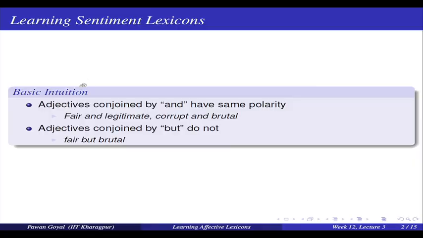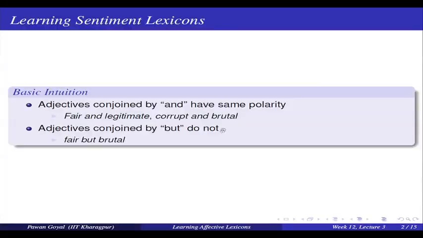For example, think of the adjectives that are joined by and. Will they have the same polarity? Suppose you see a sentence with fair and legitimate. You can say probably both these words have the same polarity. You may not be able to tell the polarity of the individual word, but since they occur with and, you can say they will have the same polarity.